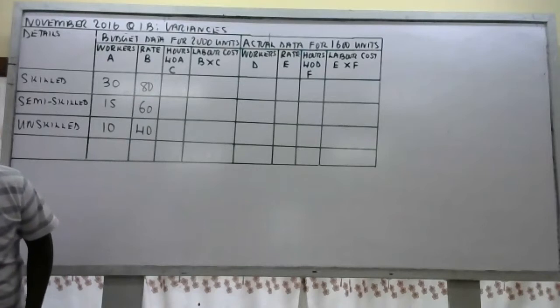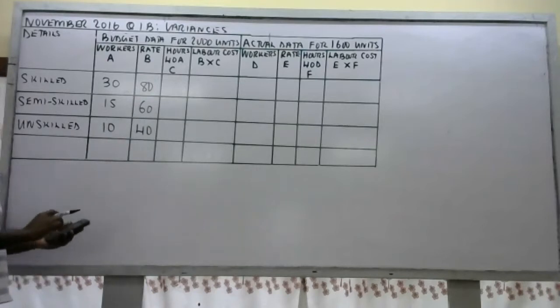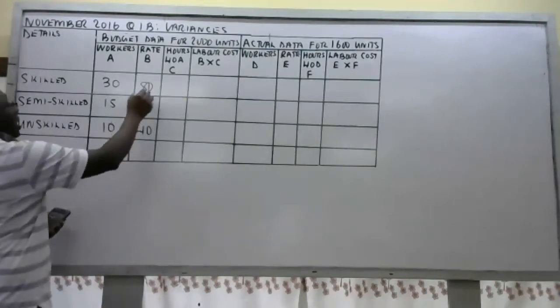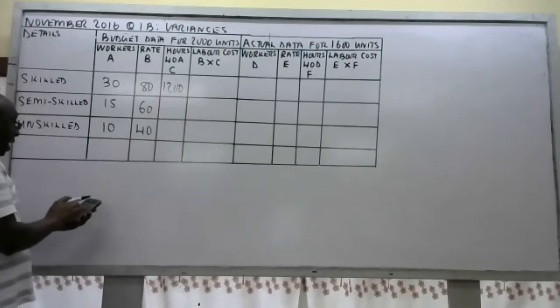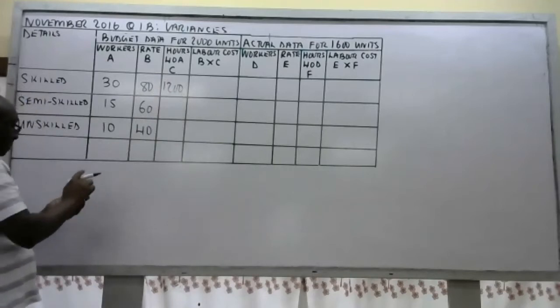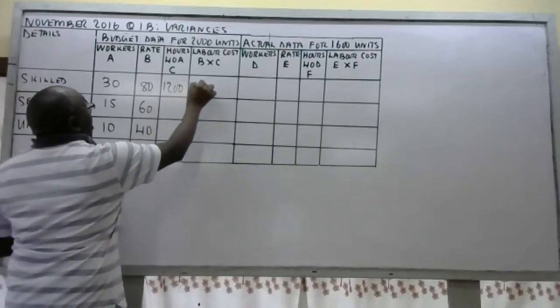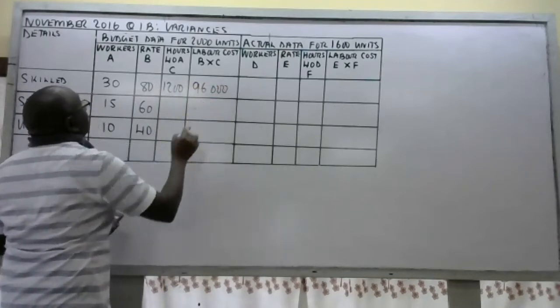So if you want to get the hours, you will say 30 times 40, that is 1,200, multiplied by 80, that gives us 96,000.